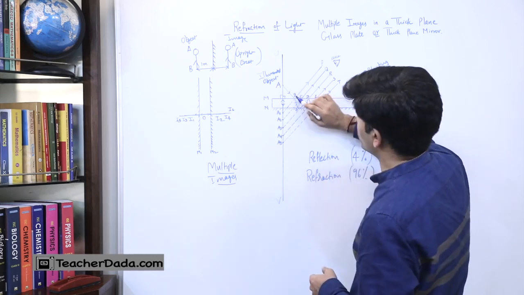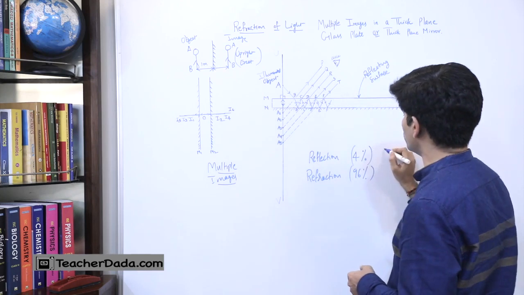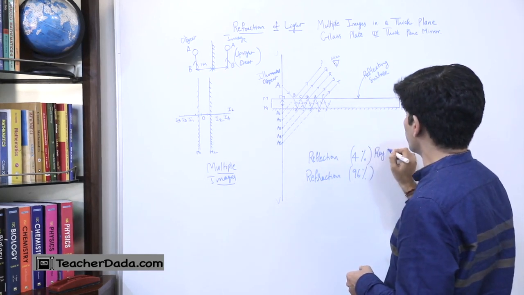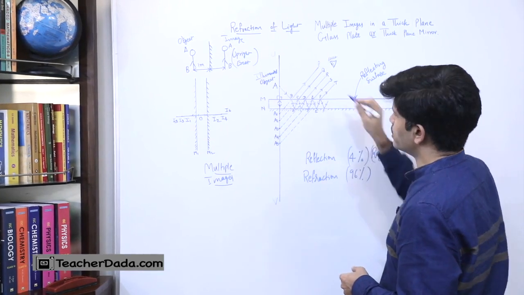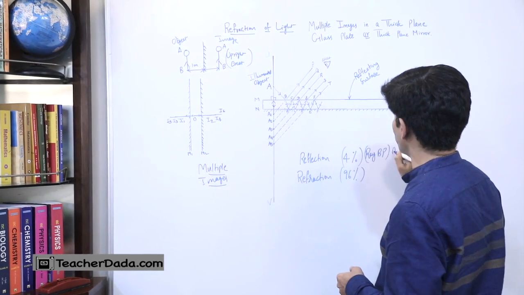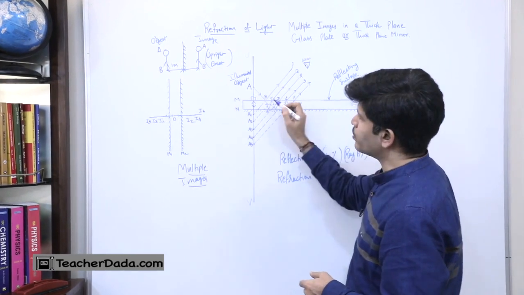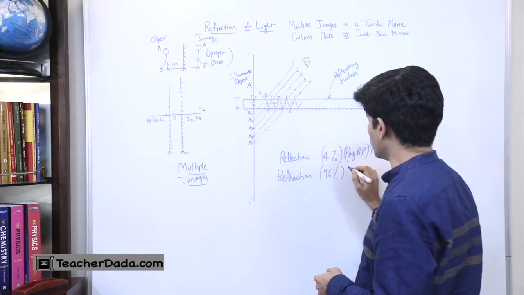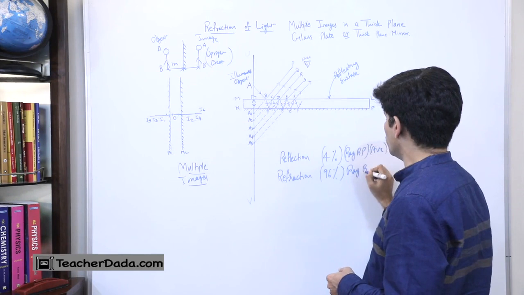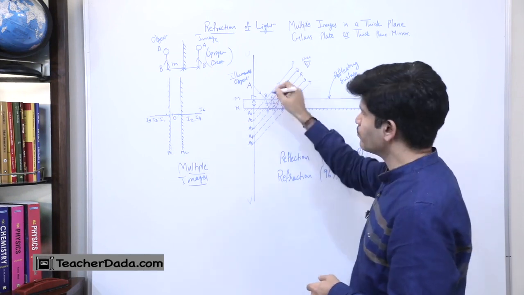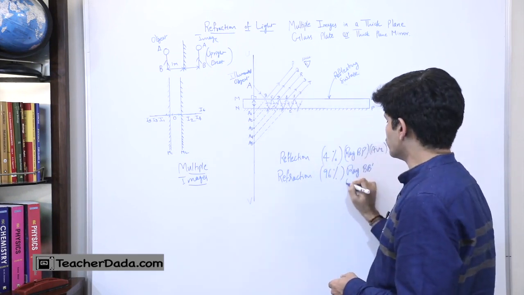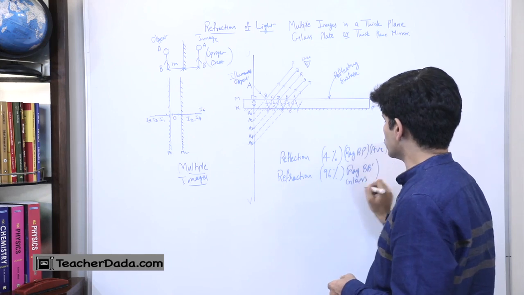So what is the reflection here? Reflection is the ray BP, and that is in the air medium again. And the 96% is the ray BB dash, and that is in the thick glass plate, or we can say it is in the glass.